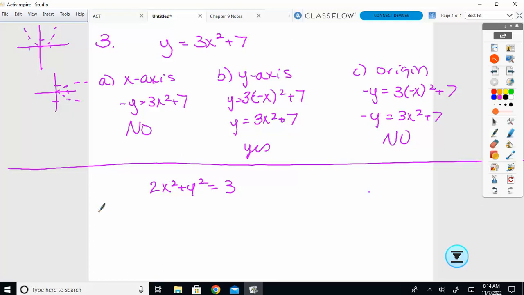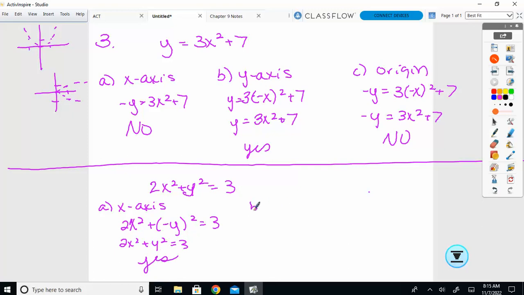Is that a y squared or a 4? Y squared. So yeah, if you check the x-axis on this one, if you make your y negative, a negative squared becomes positive. So that's a yes.